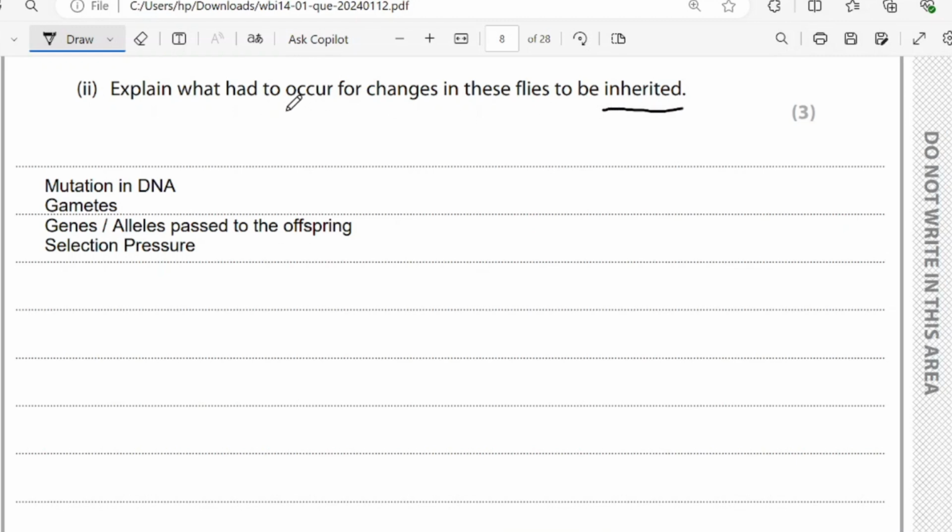So what occurred for these changes to happen in the flies, right? Always when we are talking about changes, the basic thing to mention is mutation.